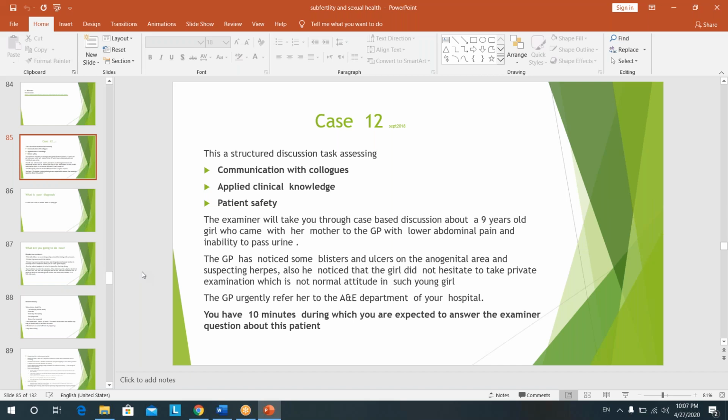I would like to know whether she is generally fit and well, any allergies, any surgeries before. I would like to ask whether she has any other sisters at home, because this will raise the possibility of increased risk if there is any suspicion of sexual abuse.